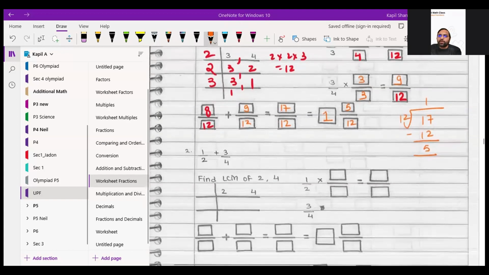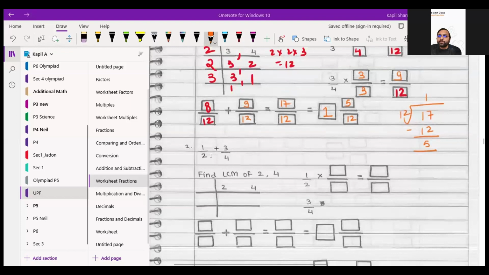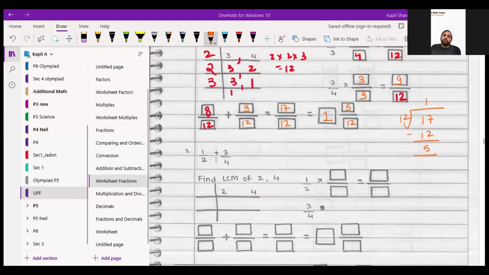So let's solve the next question. So guys, please do it. Half plus 3/4. 1 upon 2 plus 3 upon 4. Yes, Swastik, correct. Good. So here you can see that the LCM is nothing but 4 itself, right?